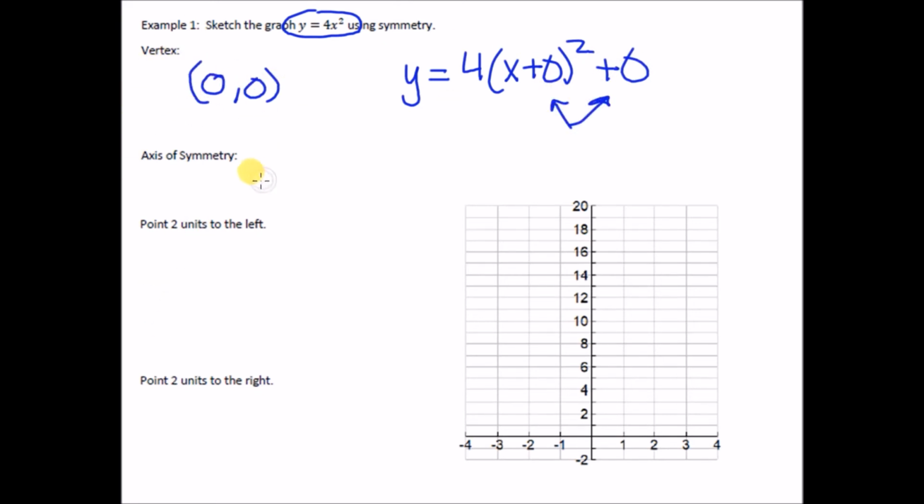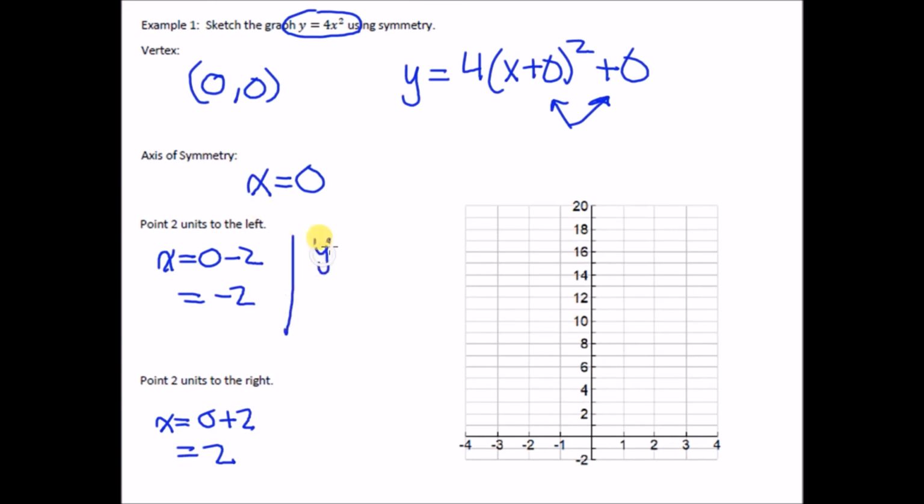The axis of symmetry is x equals 0. So 2 points to the left is 0 minus 2, which is negative 2, and 2 points to the right is 0 plus 2, which is just 2.